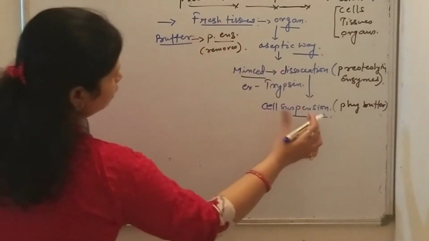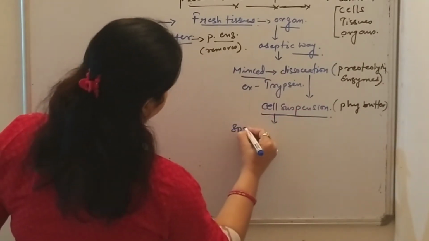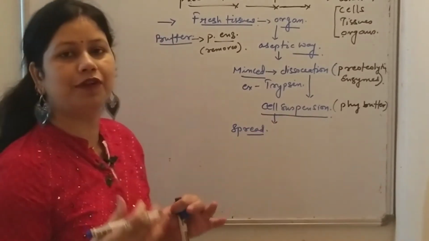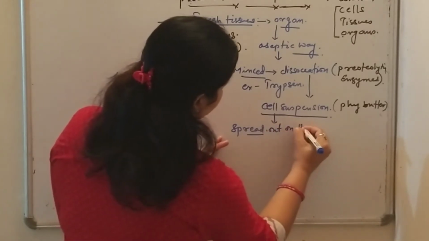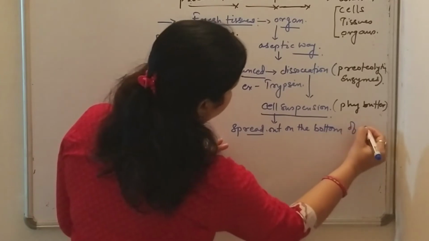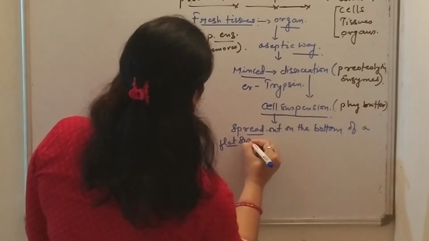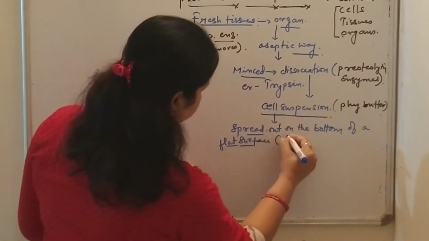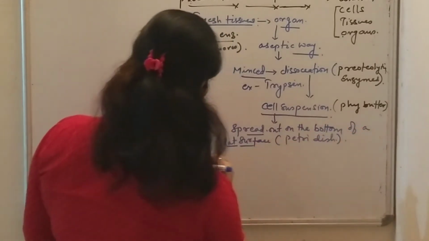Now the cell suspension we got is spread out on the bottom of a flat surface such as a petri dish, tissue culture flask or bottle.